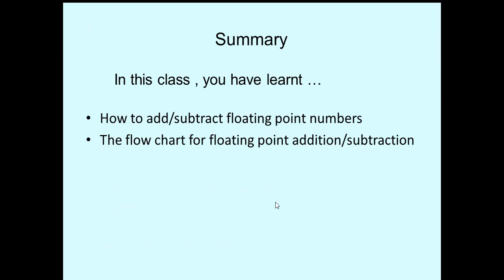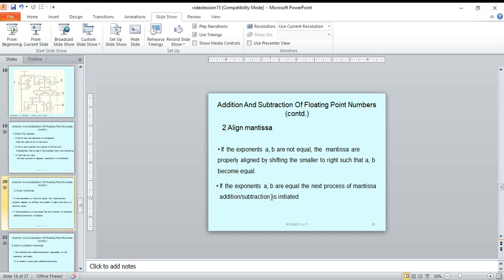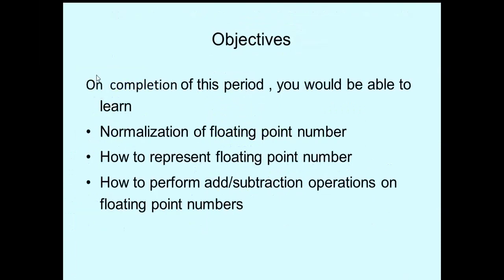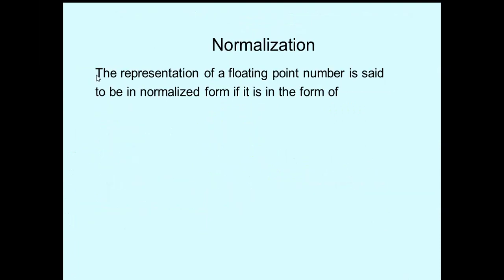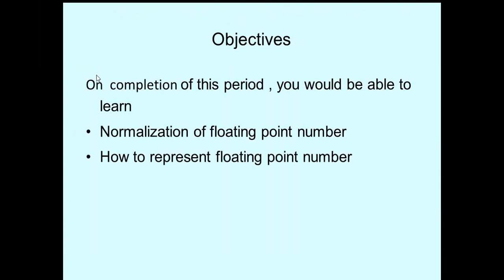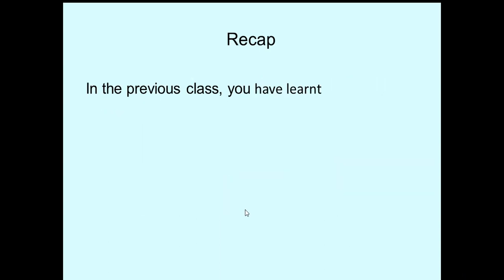So in this class we have learnt how to do addition or subtraction of floating point numbers. So the flow chart for floating point addition and subtraction operation. Floating point addition and subtraction, and fixed point addition and subtraction, both are the same.